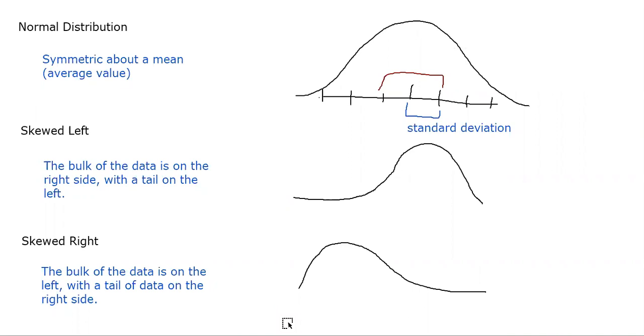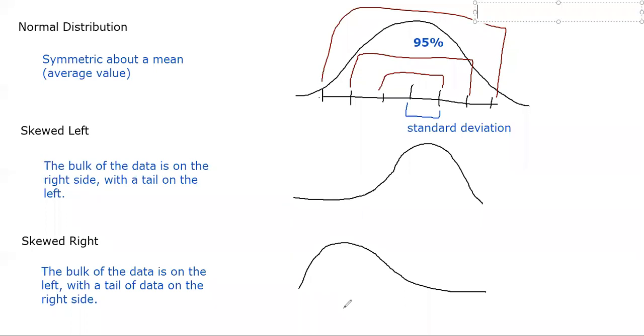If I were to go out to a second standard deviation, so say I go to this one here, that's going to be 95% of the data. And if I were to go one more step out to the third standard deviation, I could then account for 99.7% of the data there.